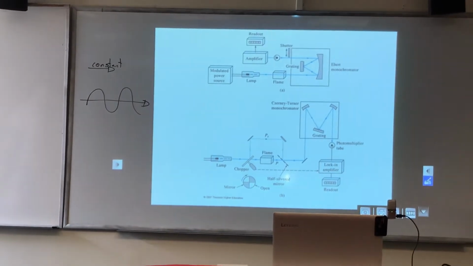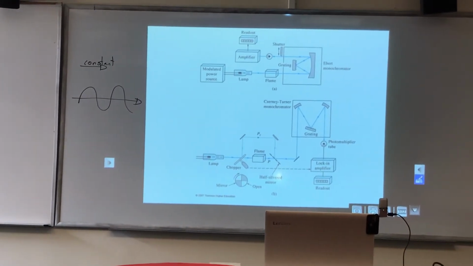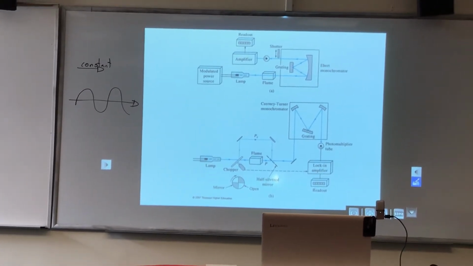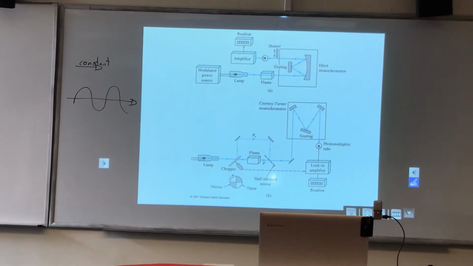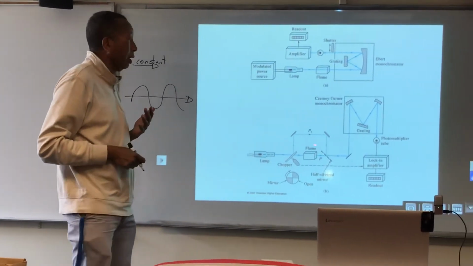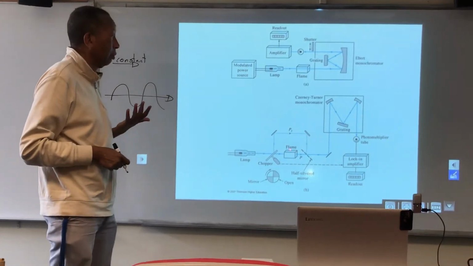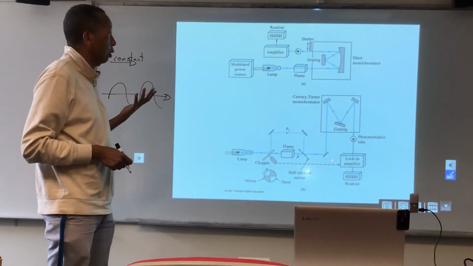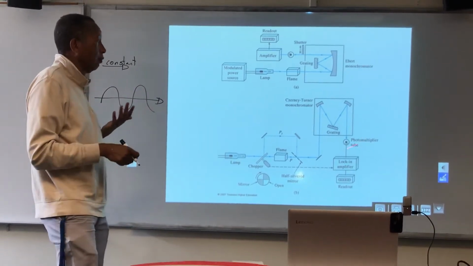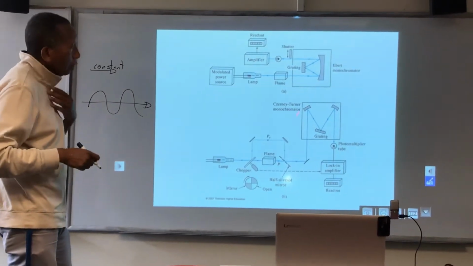If you look at the flame, with the flame, you can actually see radiation. When the flame is on, it's orange, it's blue, it's something, right? So that's radiation. And once there's radiation here in the flame, that radiation goes to the monochromator, and then it goes to the amplifier, to the photomultiplier tube.